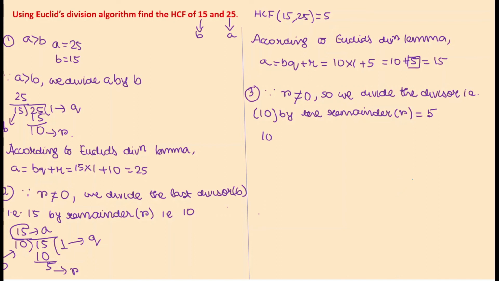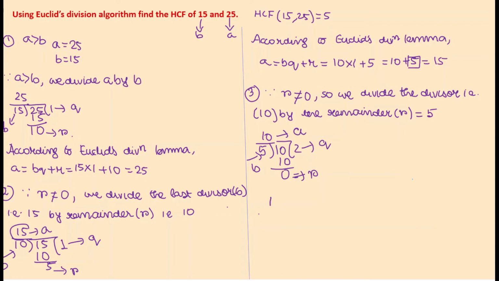So I do 10 by 5. 5 2s are 10, so the remainder is 0. Over here 2 is the quotient, R is the remainder, 5 is the divisor and 10 is the dividend.